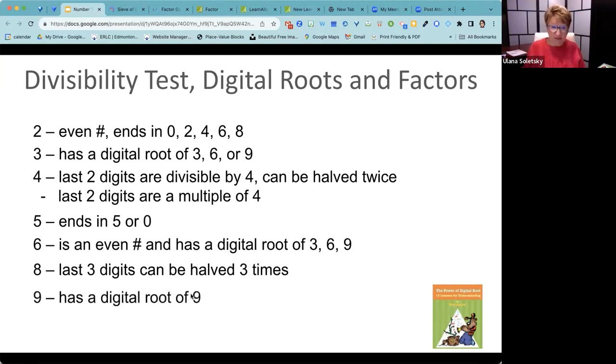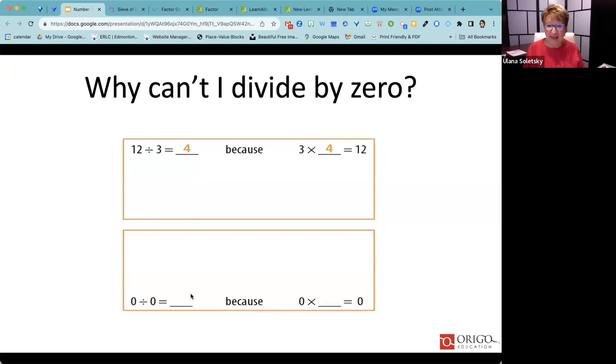So then the other thing that comes up is, why can't I divide by 0? Kids will often ask us, why can't you? Well, think about 12 divided by 3 gives you 4. Why? Because you have to multiply 3 by 4 to get 12, correct?